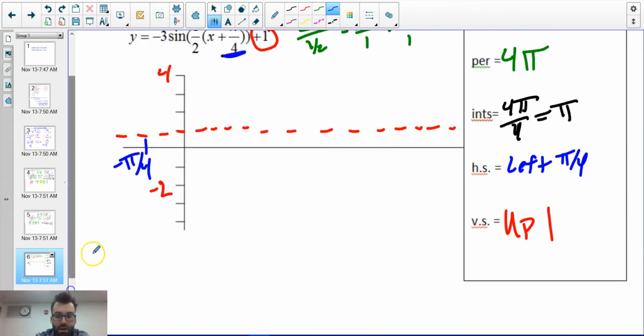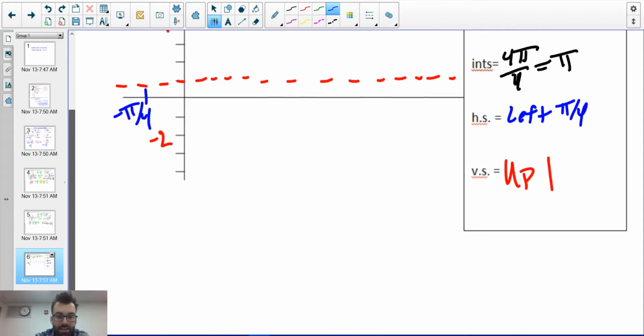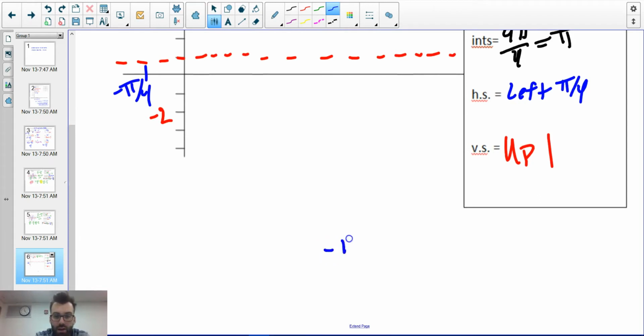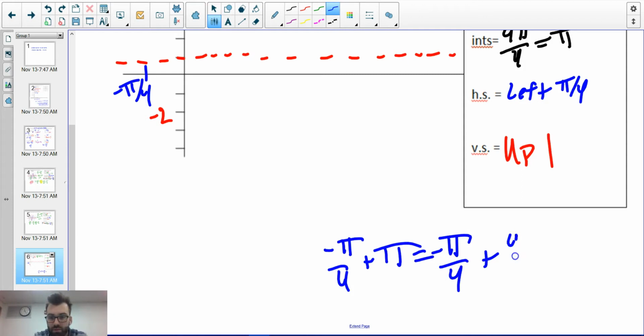My intervals are pi. So to find my next tick mark, I'm going to do negative pi over 4 plus pi. I need a common denominator, so negative pi over 4 plus 4 pi over 4. If I add these two together, I get 3 pi over 4.